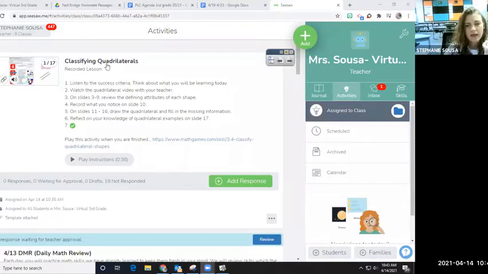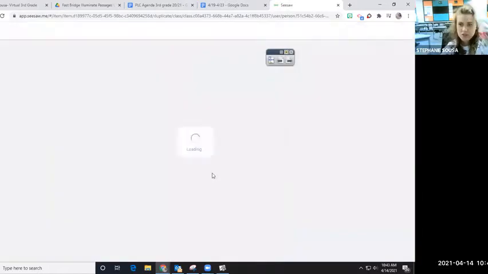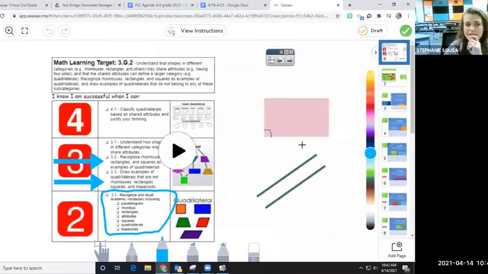You have an activity on Seesaw that is called classifying quadrilaterals. I want you to go ahead and add a response there, and that is going to have the same notes pages that we were using from yesterday inside of it.